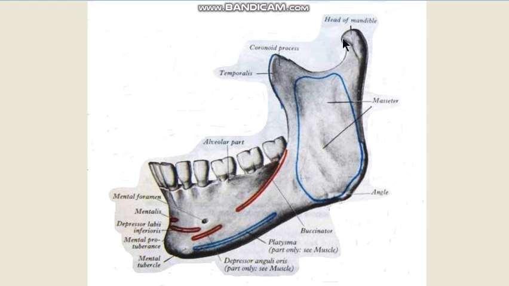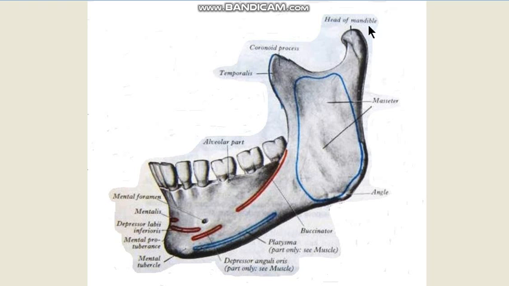It is covered by fibrocartilage, and it forms the mandibular part of the temporomandibular joint. It articulates with the articular part of the mandibular fossa of the squamous part of the temporal bone, and it is separated by a plate of fibrocartilage, a fibrocartilaginous disc, within the temporomandibular joint.